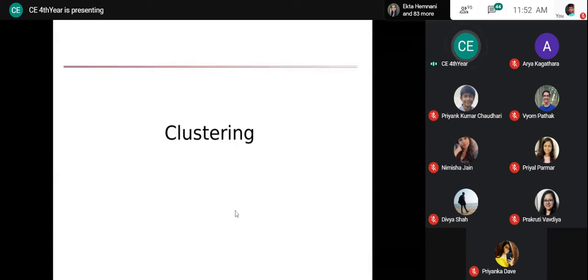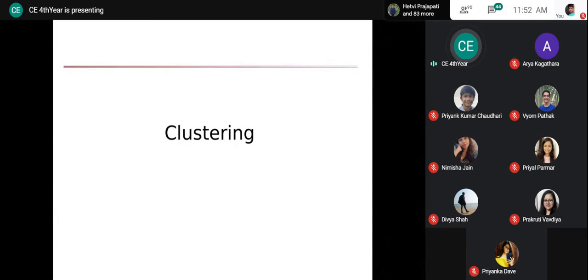That is clustering. If you go back to the first lecture, in the introduction of machine learning, we discussed that there are many categories. One can be supervised, another can be unsupervised, then reinforcement learning, and so on.